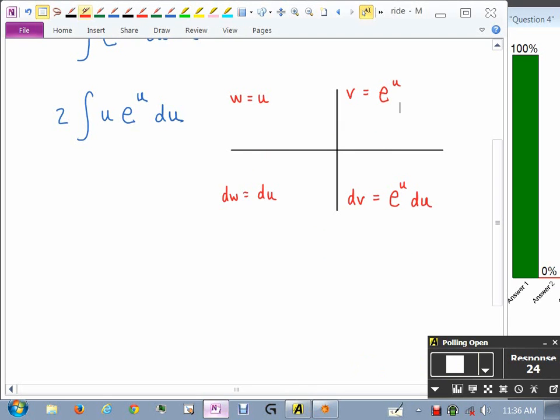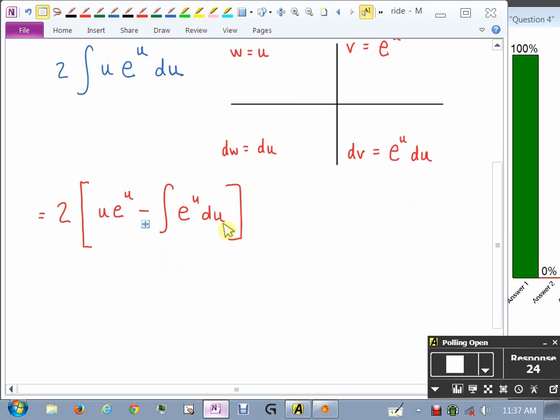So let's just write down the new integral. I have a 2 out there. Don't forget that 2. And then brackets, what? u e to the u minus the integral of e to the u du. Close the brackets, right? What's the antiderivative of e to the u? e to the u. See, that's a nice integral right there.